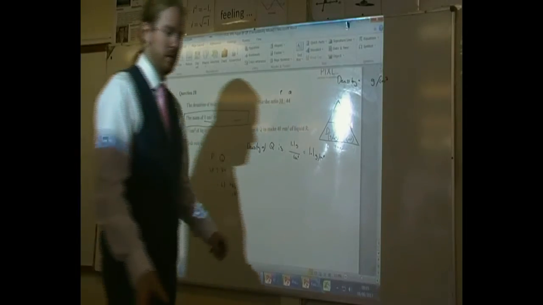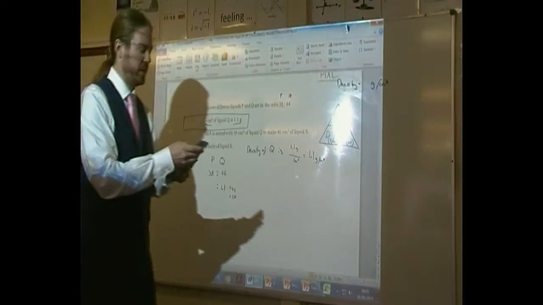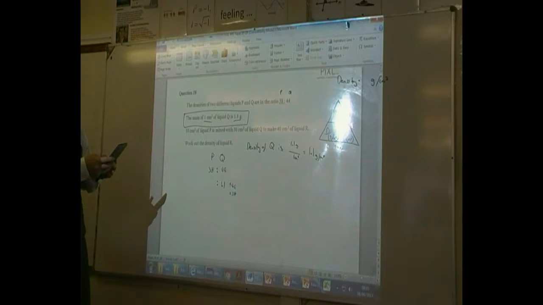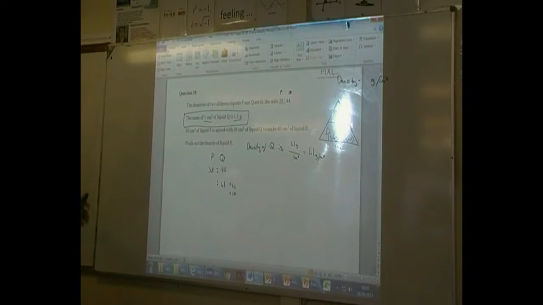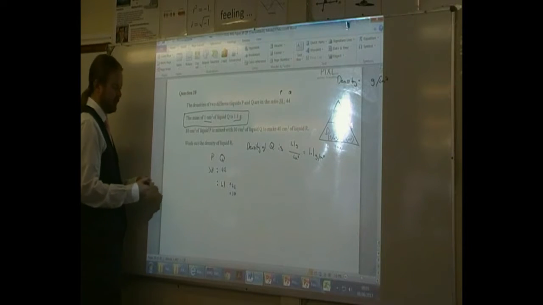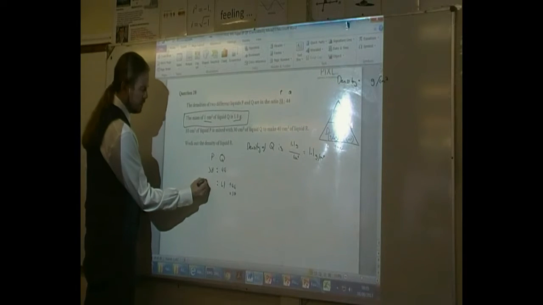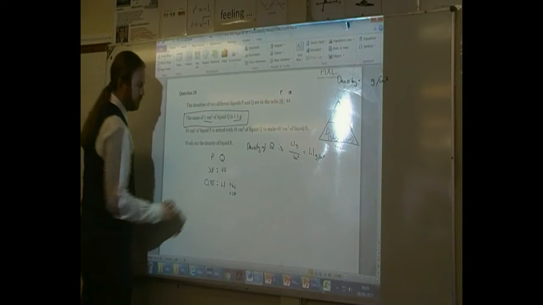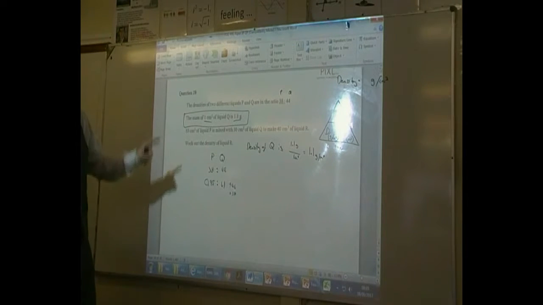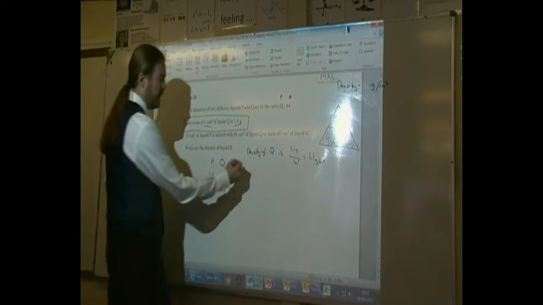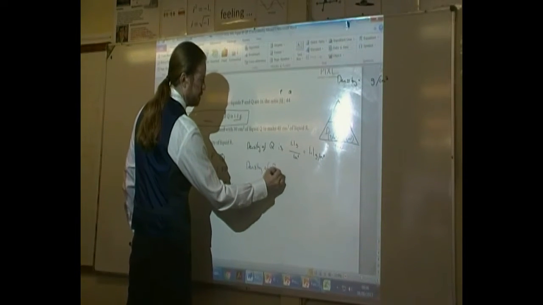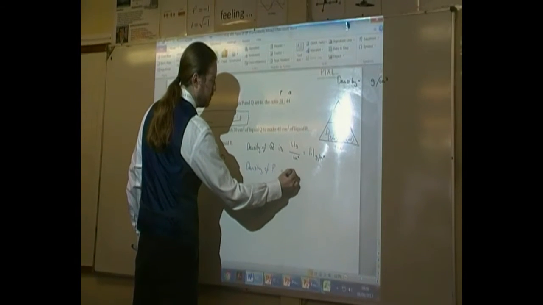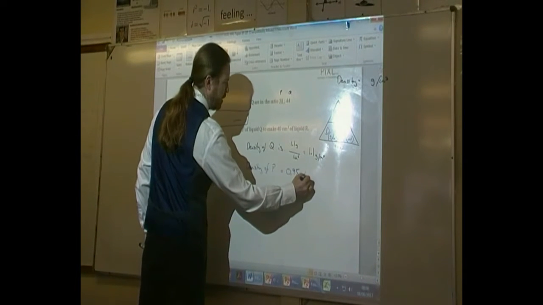And I'll need my calculator for that. So 1.1 divided by 44 times by 38 comes up as 19/20, but we know to press the S to D button, 0.95. So the density of P is 0.95 grams per centimetre cubed.